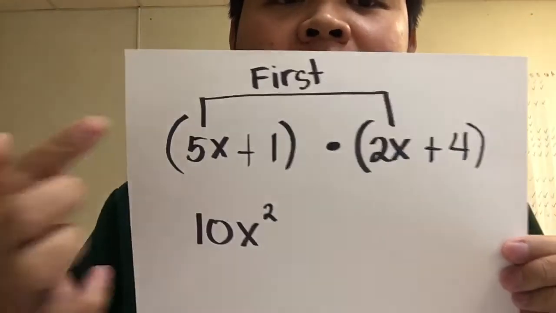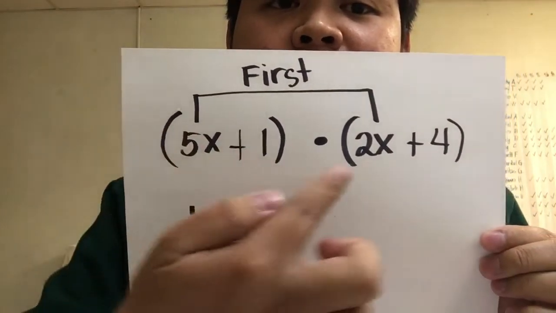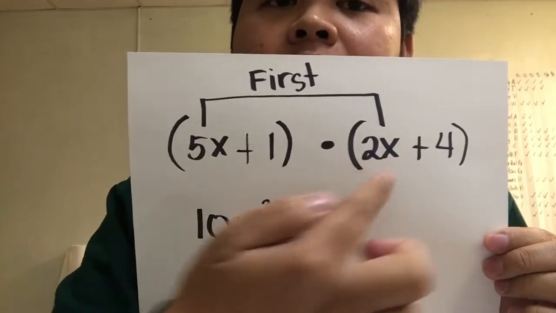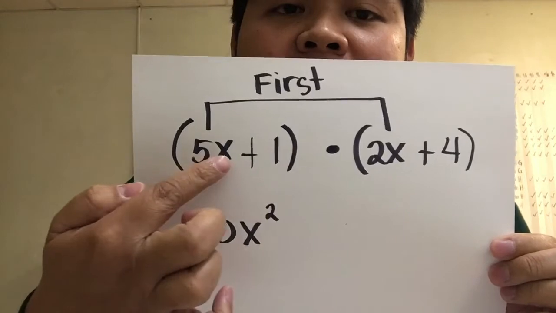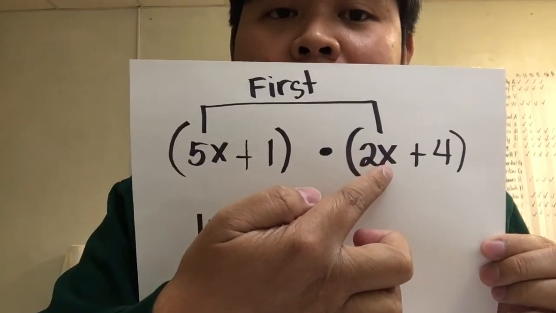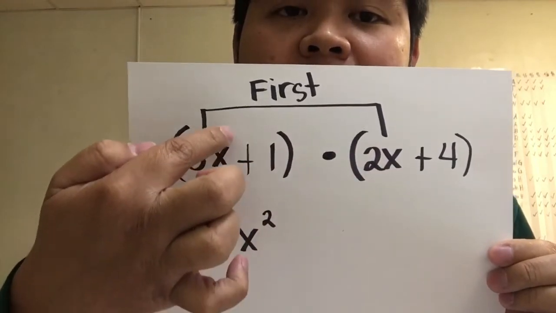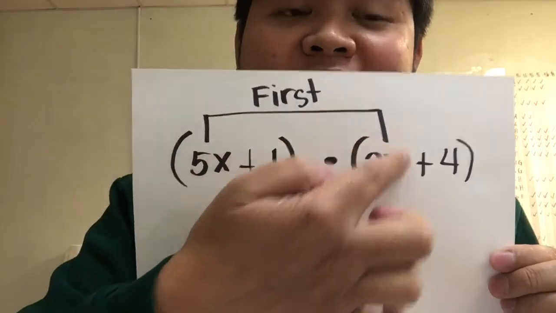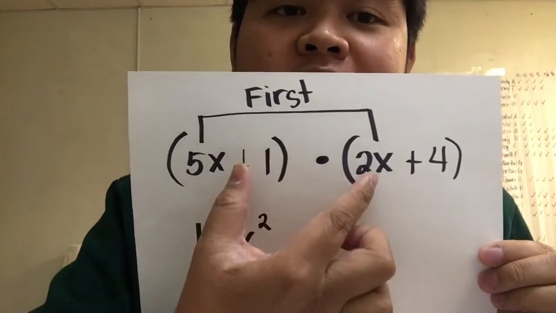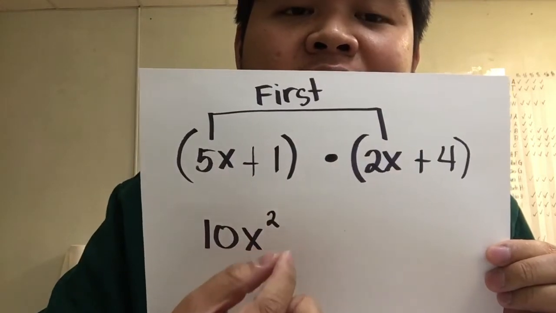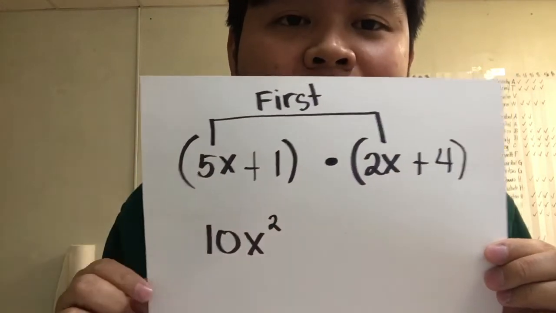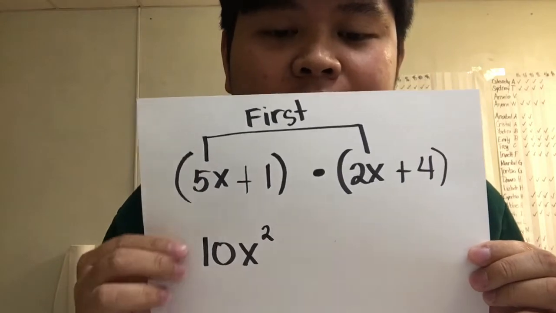This is our first term, 5x, times the first term of the other one. 5 times 2 is 10. x times x: remember, x has an exponent of 1, it's invisible, so we just add those exponents. So we have x squared. I hope that is clear.